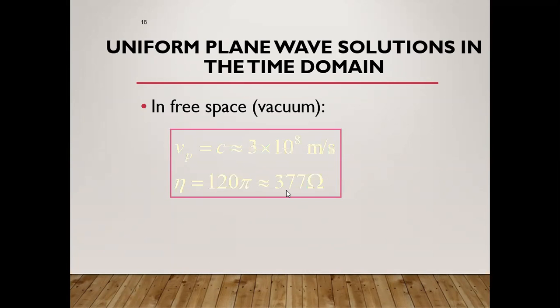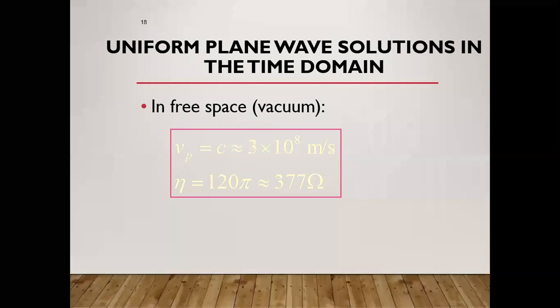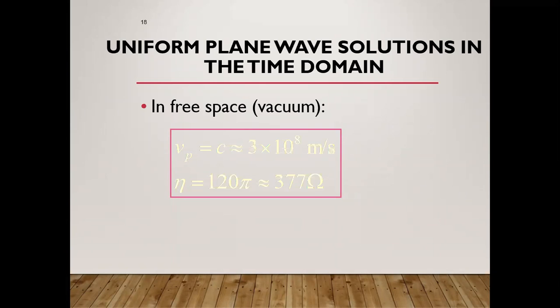You may take this directly if the numerical mentions the medium as free space. If the velocity is not given, you may assume directly the velocity is 3 into 10 to the power 8, whereas for intrinsic impedance you may take directly 377 ohm.